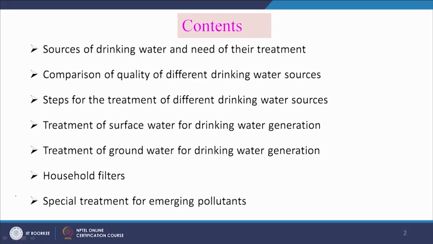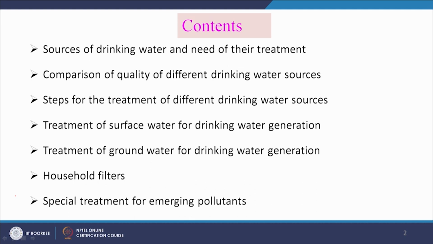As you know, drinking water should be of very good quality and very pure, so that we can use it for our drinking purpose, unlike other applications like bathing, washing, etc. Also, the sources which are used for the production of safe drinking water are basically pure and less contaminated.